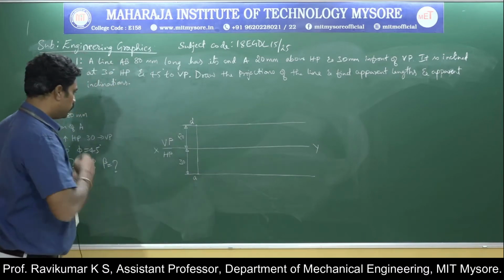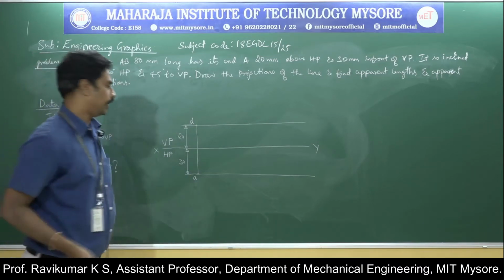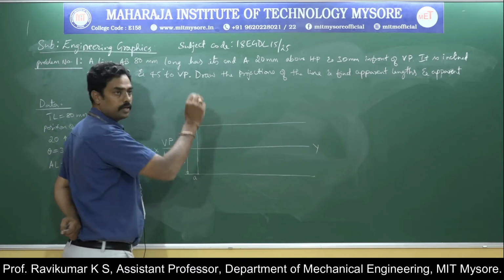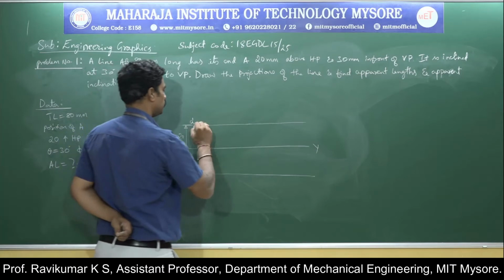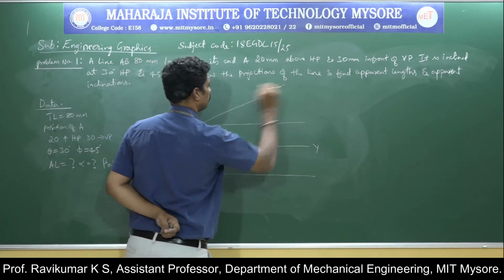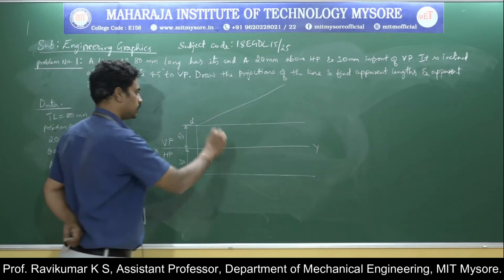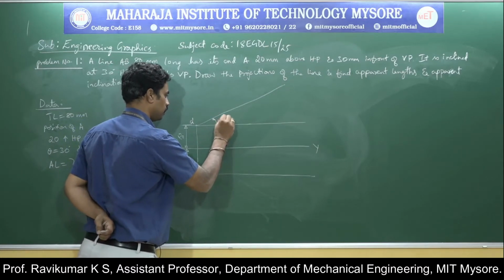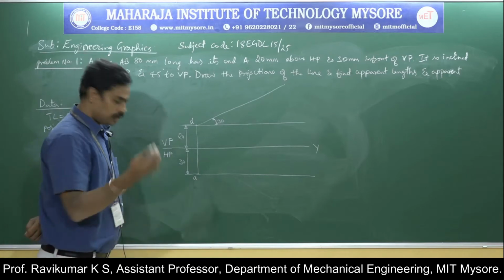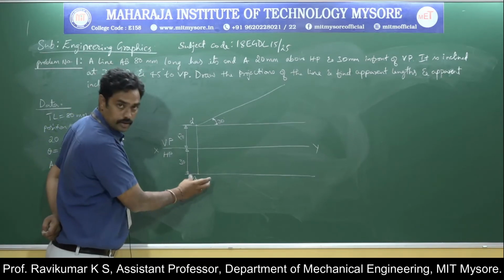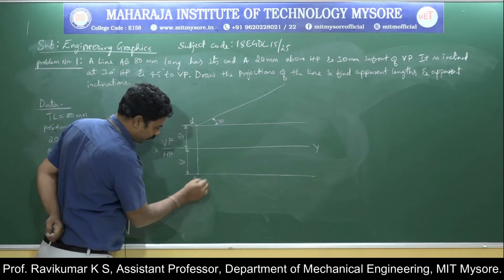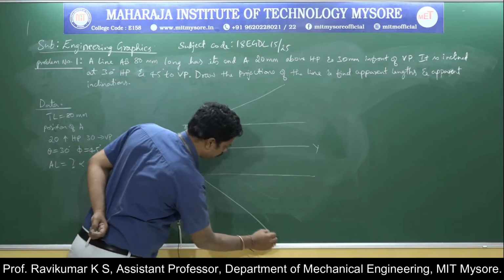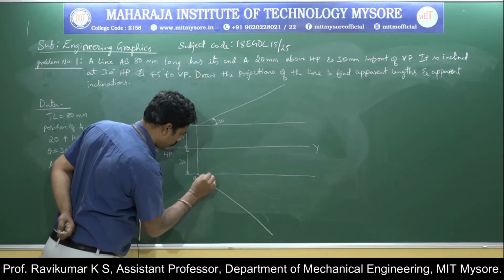Take the protractor, keep it at A dash as center, measure 30 degrees, and draw a line for 30 degrees. So this is 30 degrees. Similarly, keep the protractor inverted here, measure 45 degrees from the xy line, and draw a line for 45 degrees. This is 45 degrees.